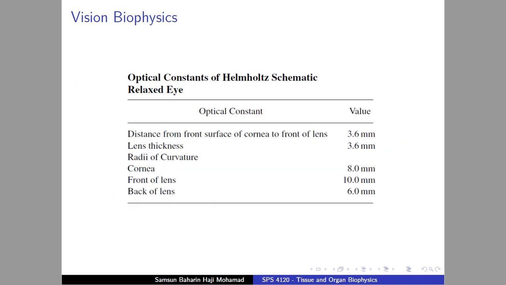So these are the optical constants, the Helmholtz schematic for the relaxed eye. The distance from the front surface of the cornea to the front of the lens is 3.6 millimeter, lens thickness 3.6 millimeter, radius of curvature of the cornea 8.0 millimeter, front of the lens 10.0 millimeter, and back of the lens 6.0 millimeter.